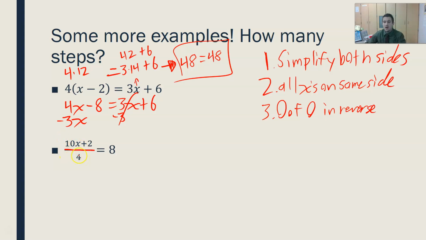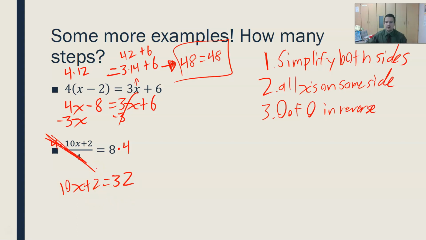I have 10x plus 2 divided by 4. Well, if I don't want this 4 here anymore, the opposite of dividing is multiplying. So if I multiply 4 on this side, those 4's will cancel out, and I'll multiply 4 on this side. So that will leave me with 10x plus 2 equals 8 times 4, which is 32.